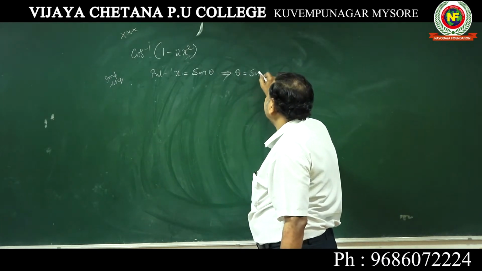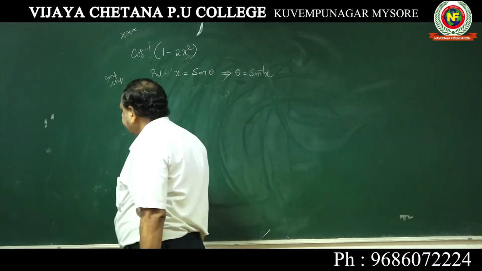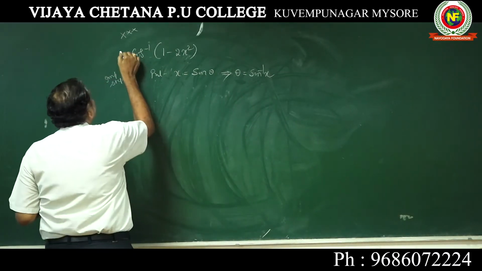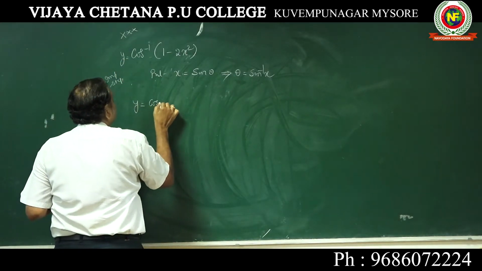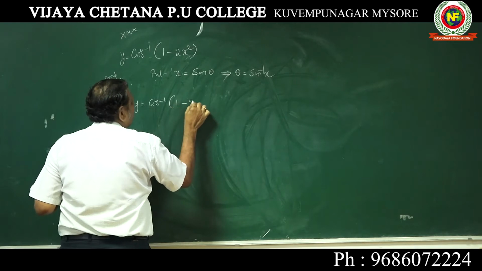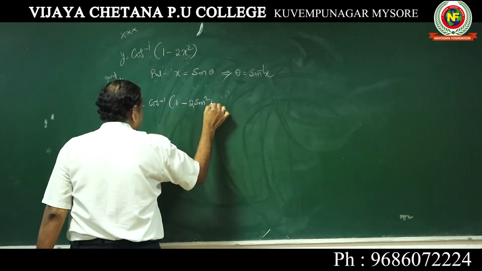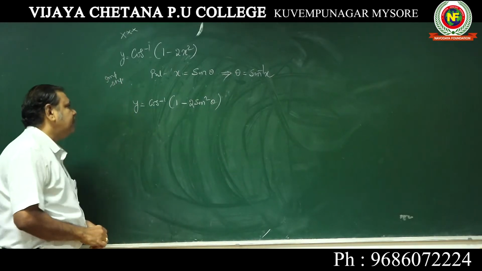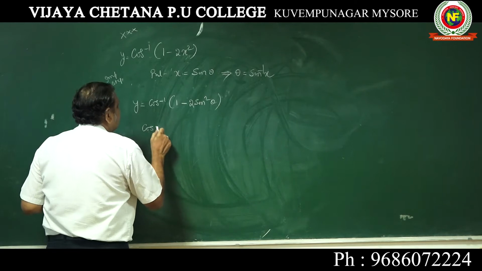Theta is equal to, by definition, sin inverse x, and this is y, you can take it. Y is equal to cos inverse of 1 minus 2 sin square theta. Use the formula for cos 2 theta.